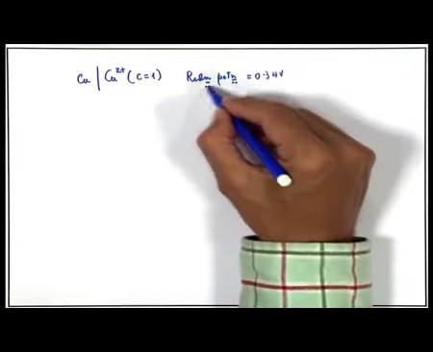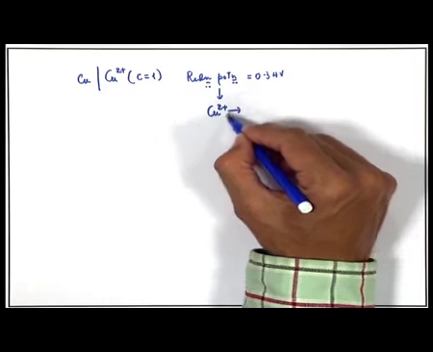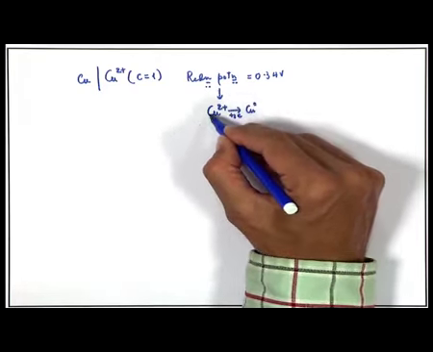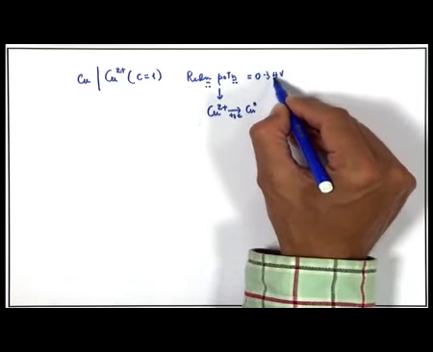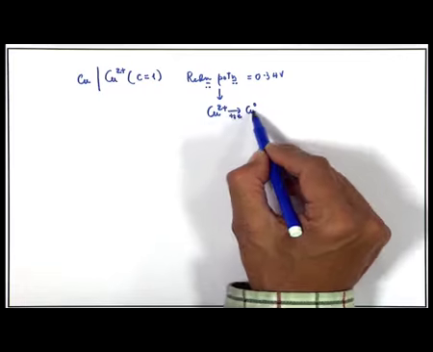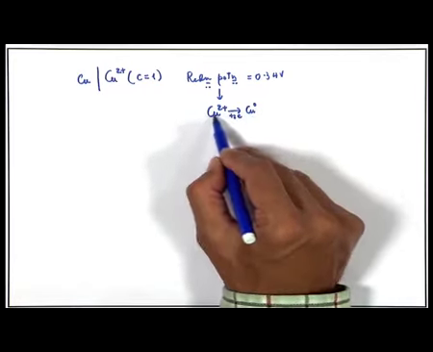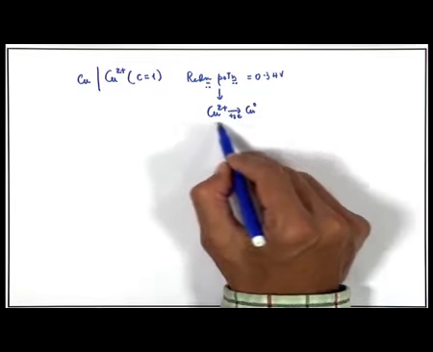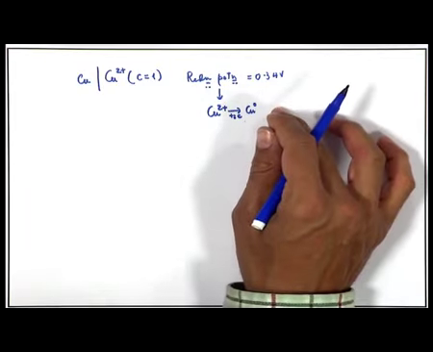That means the corresponding reaction is Cu2+ plus two electrons giving Cu0. Since the potential is positive, this process is spontaneous as represented. Reduction is a spontaneous process here, so that is why this electrode is kept as the right hand electrode.